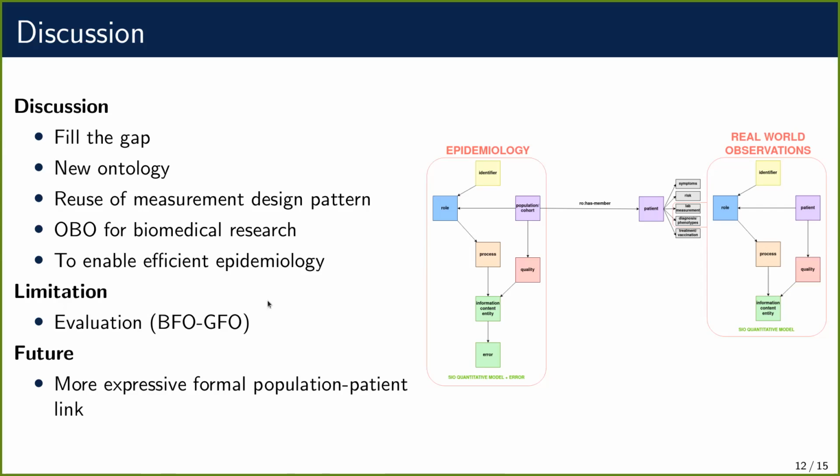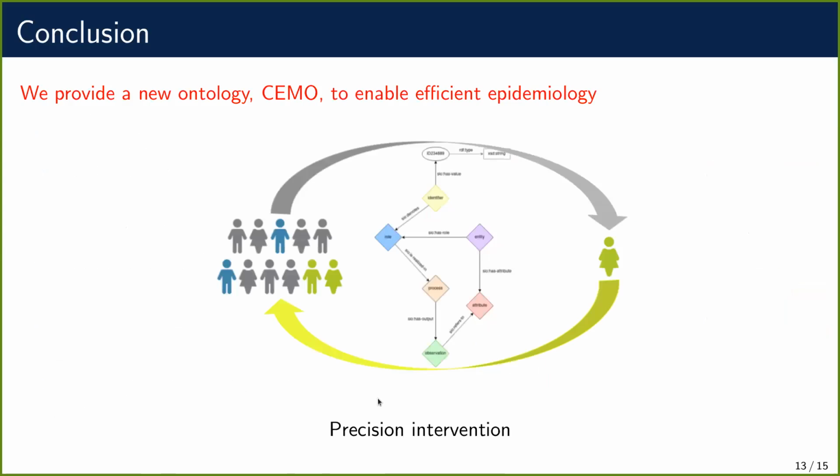Limitation: it needs evaluation because we are integrating two upper-level ontologies built on two different philosophical views. And for the future, we would like to be more expressive in representing formally the population and patient link. So in the end, we provide a new ontology called CIMO, this new ontological representation that hopefully will enable efficient epidemiology.